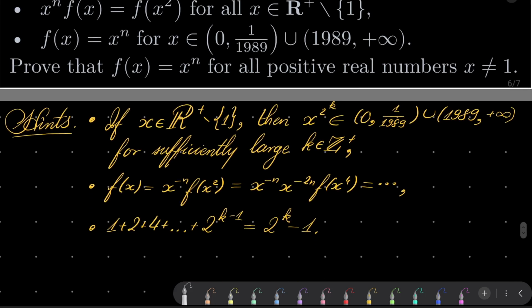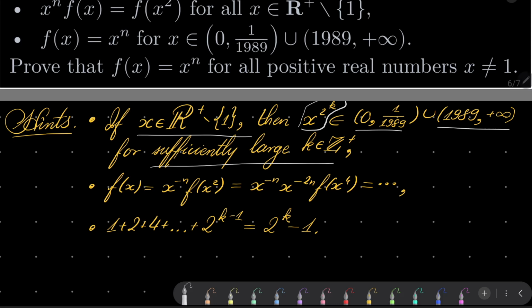First, notice that if x is a positive number but is not equal 1, then x raised to a very high power is either going to be very close to 0 or close to plus infinity for sufficiently large positive integer k. Moreover, you should take the first condition and iterate it.